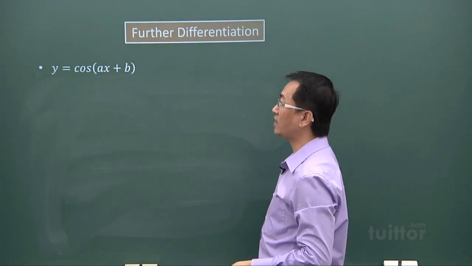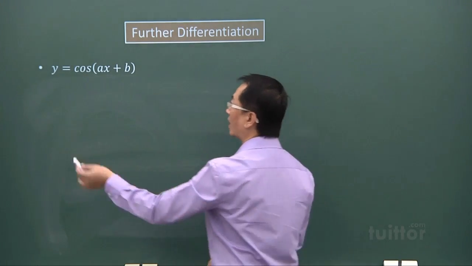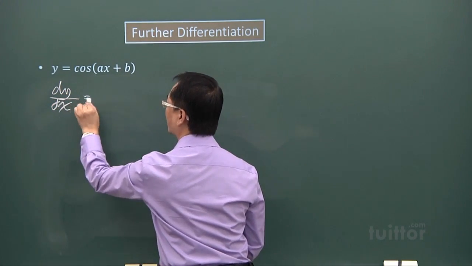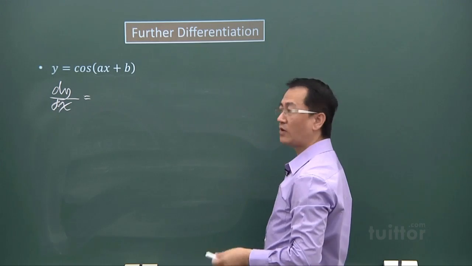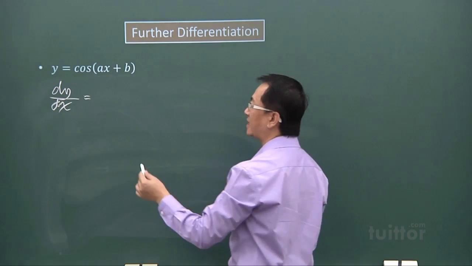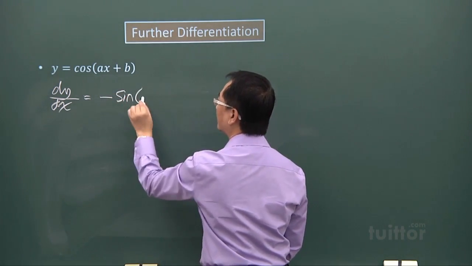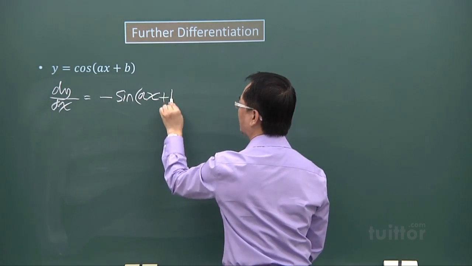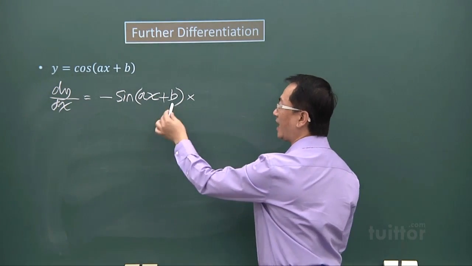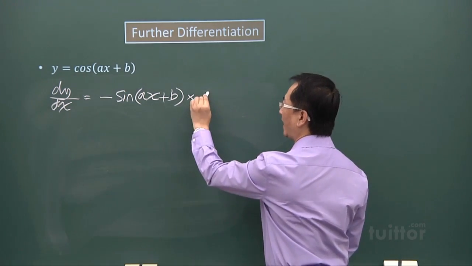If I look at y equals cos bracket ax plus b, the symbol of differentiation, dy over dx. Remember that when we differentiate cos function, we get negative sine. So negative sine bracket ax plus b. That remains the same, but you differentiate the angular expression once more. You get a.